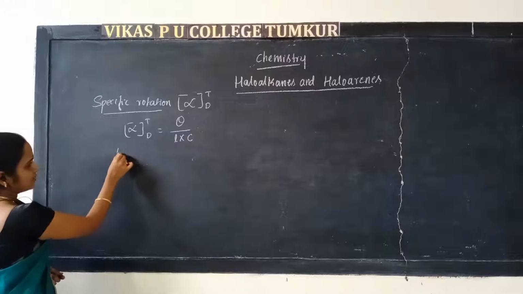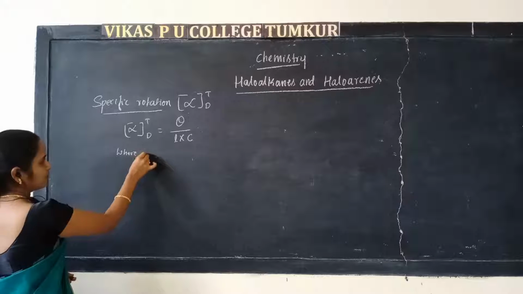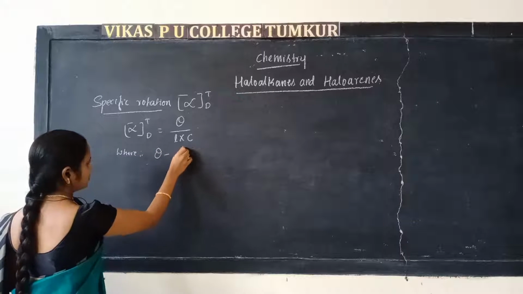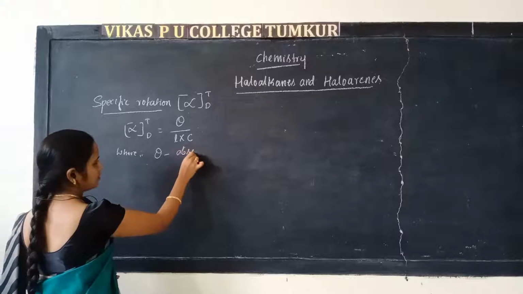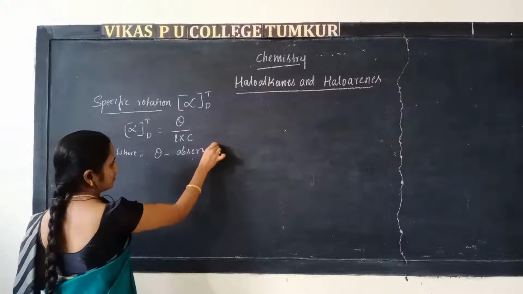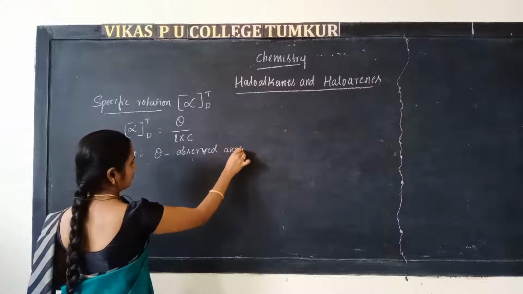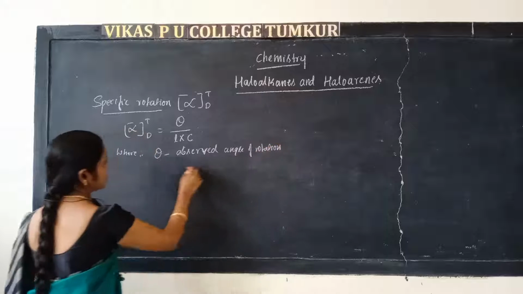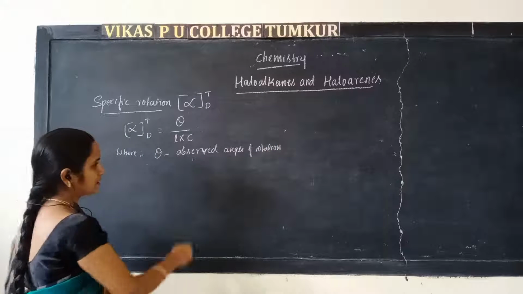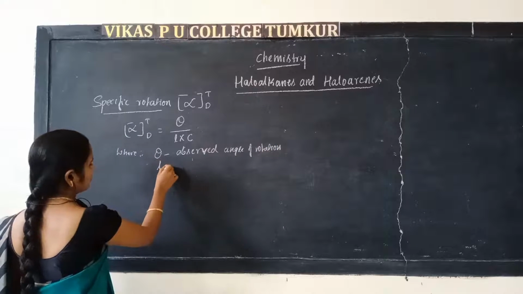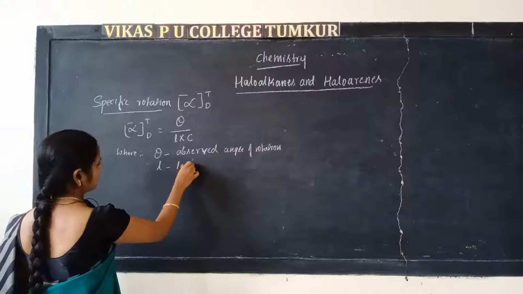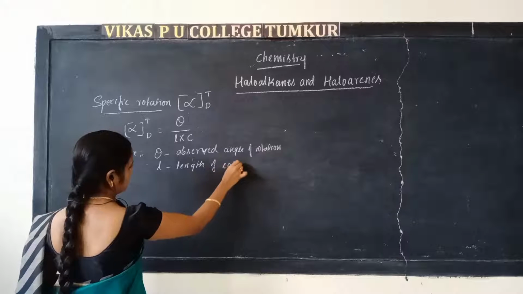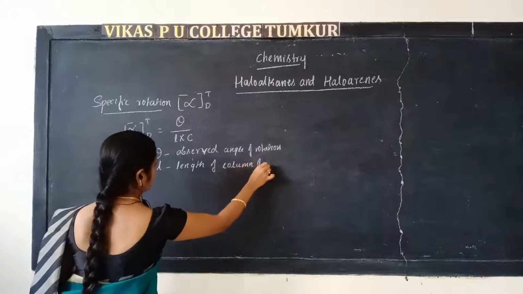Here theta is nothing but the observed angle of rotation. L is the length of the column of liquid.